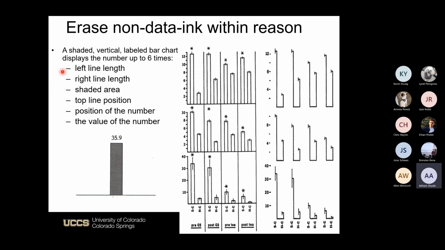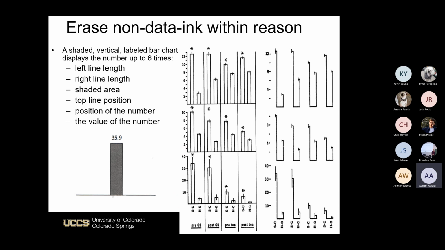These include left line length, right line length, shaded area, top line position, position of the number, and the value of the number. All 6 things are basically presenting the exact same information in the graph.